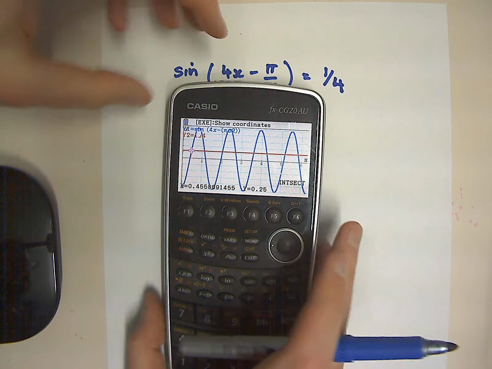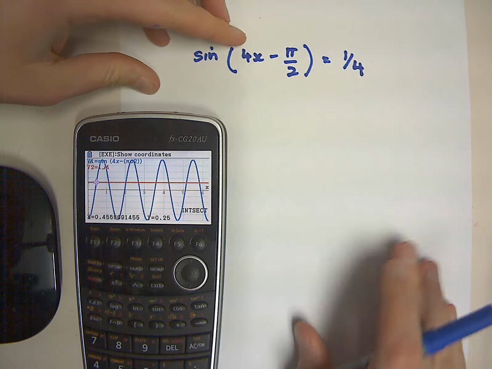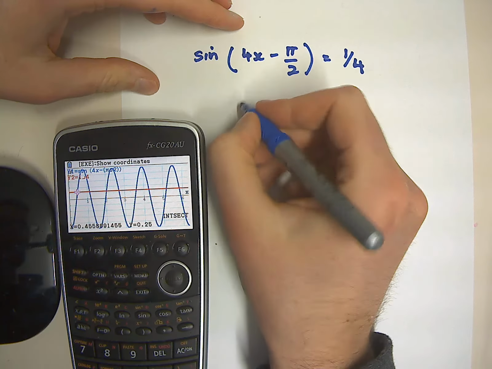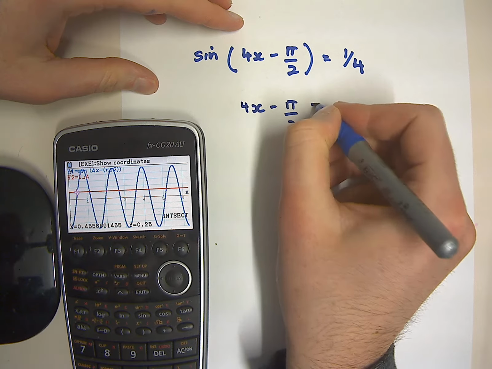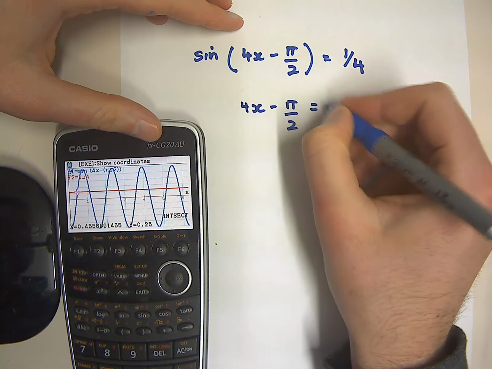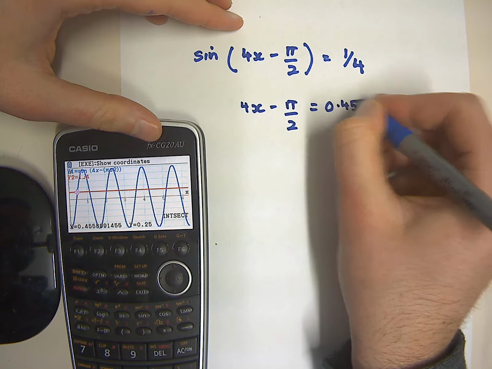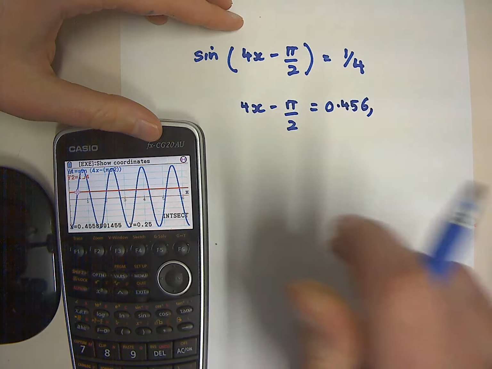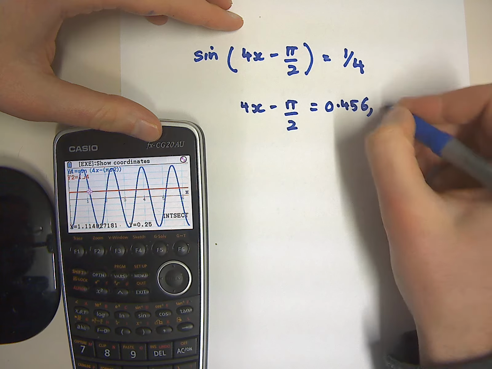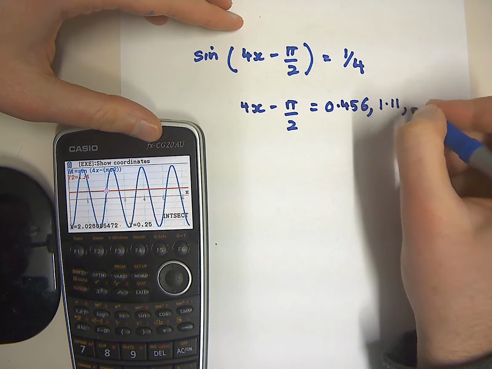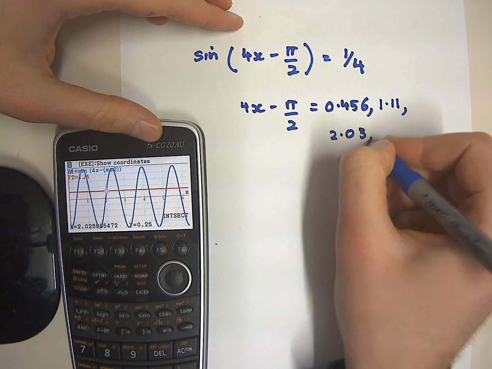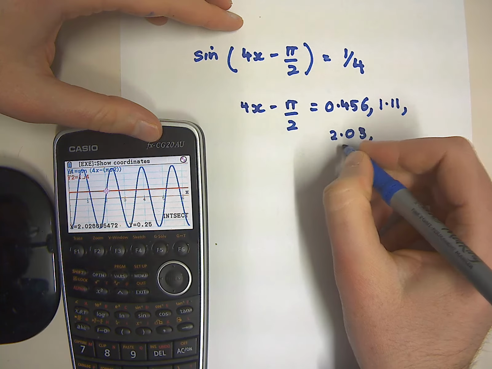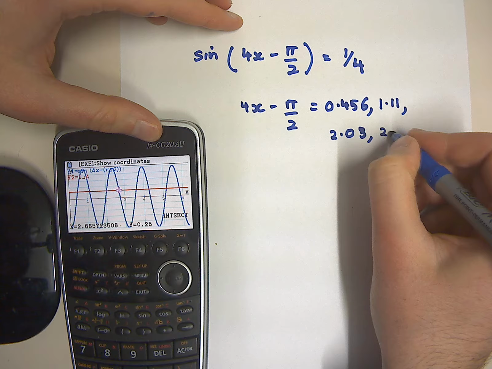So if we're looking on 0 to 2π, we can then say 4x take π/2, reading off the calculator, is 0.456. It's going to be a lot of them. 1.11, 2.03, 2.69.